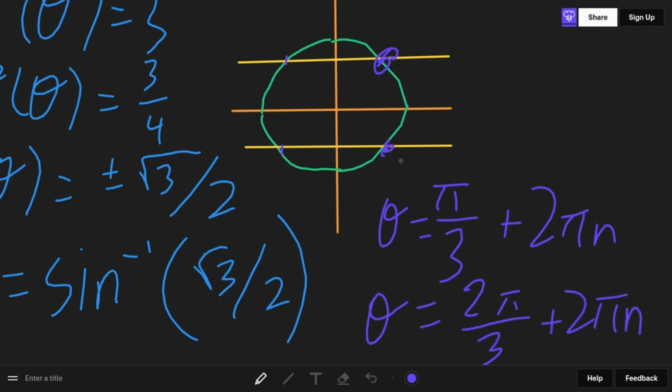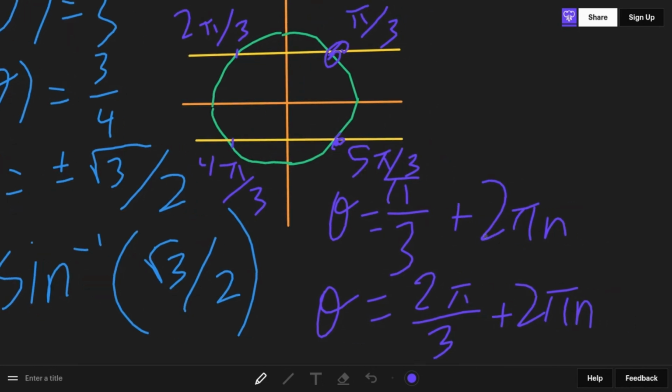This angle over here is pi over 3. This right here is going to be 2 pi over 3. This one is 4 pi over 3, and this one is 5 pi over 3.